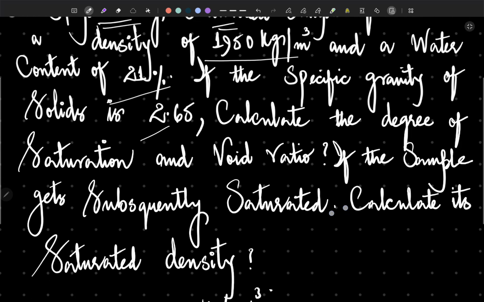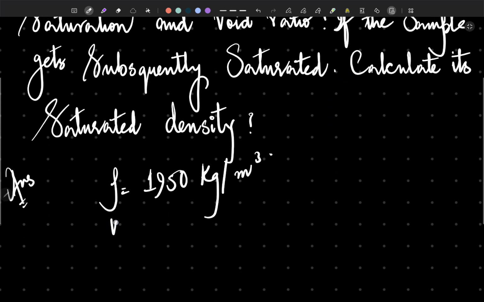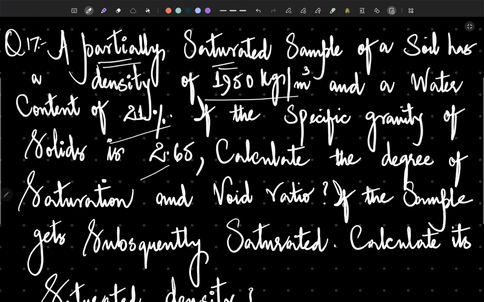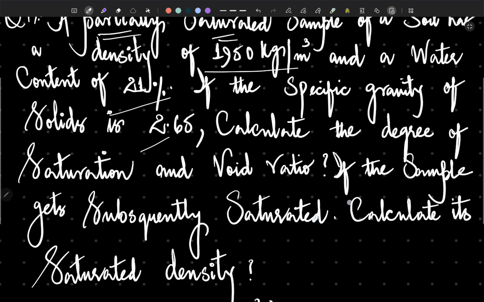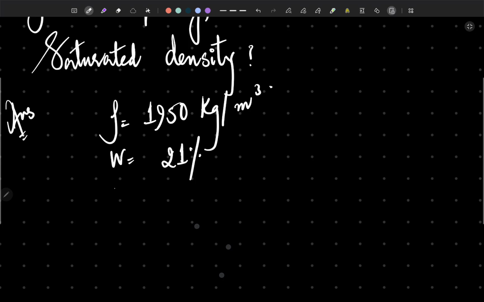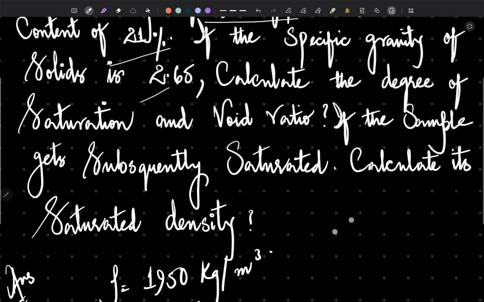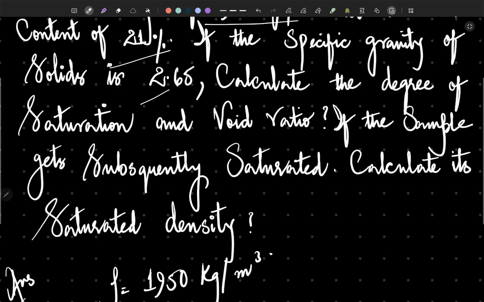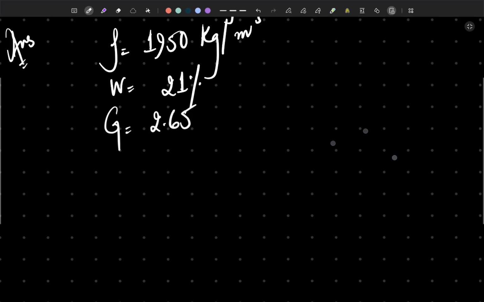All right, and a water content of 21%. If the specific gravity of the soil solids is 2.65, we have to calculate the degree of the saturation and the void ratio. All right, so let's do this.